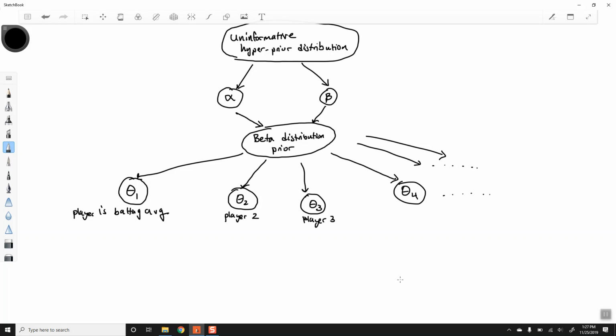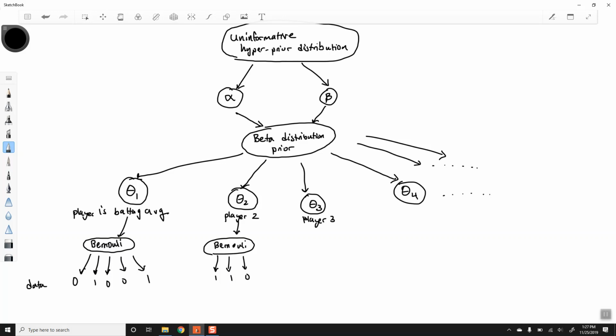And from each of these, this theta 1 will create a Bernoulli distribution, and this will generate your data: 0, 1, 0, 0, 1, something like that, right? This theta 2 goes into a Bernoulli. What do we get? 1, 1, 0, 0, 0.